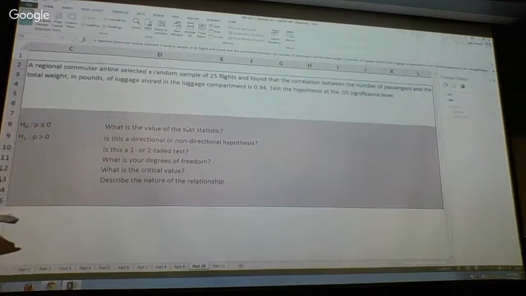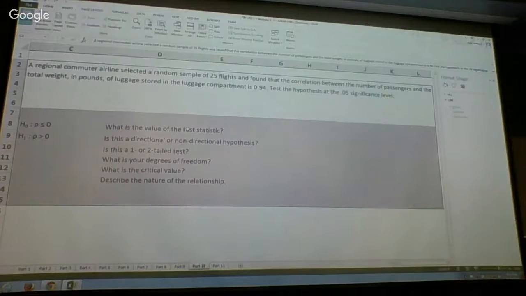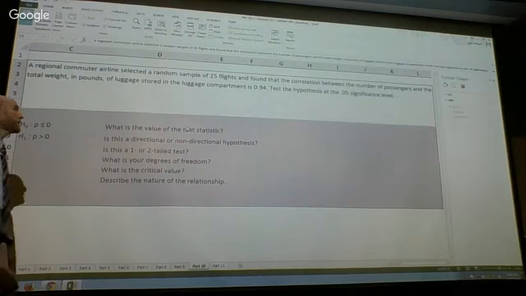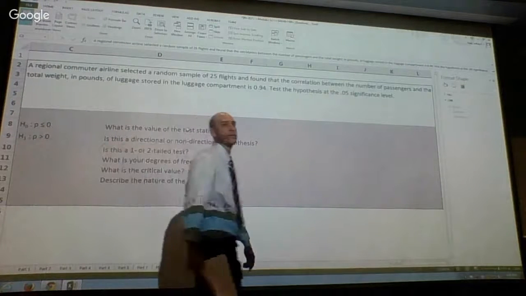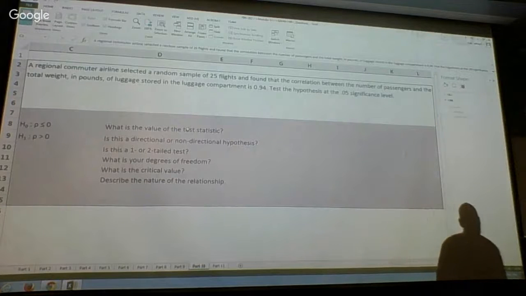A regional commuter airline selected a random sample of 25 flights and found that the correlation between the number of passengers and the total weight in pounds of luggage stored in the luggage compartment is 0.94. Almost perfect.